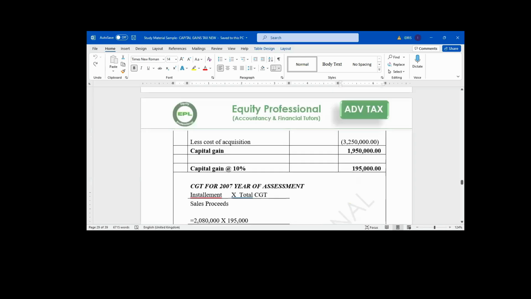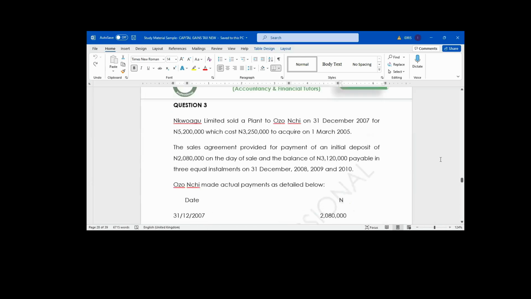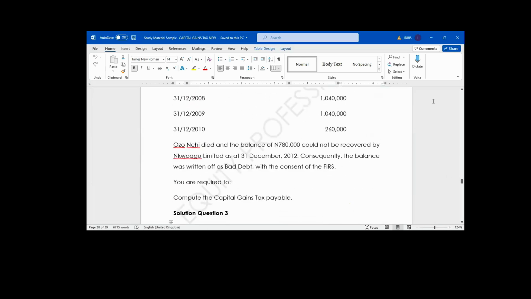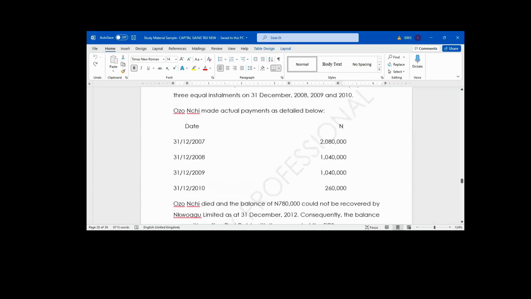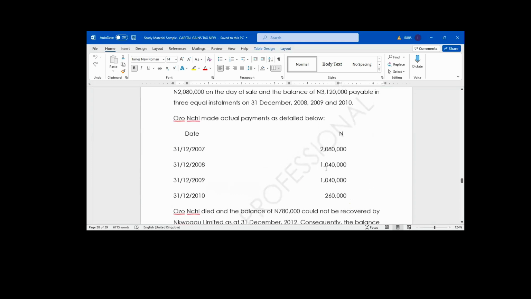In 2008, how much does the buyer pay? 1,040,000.